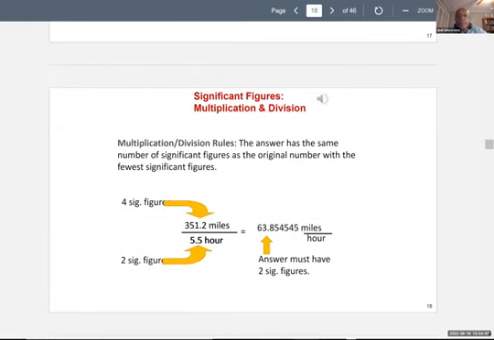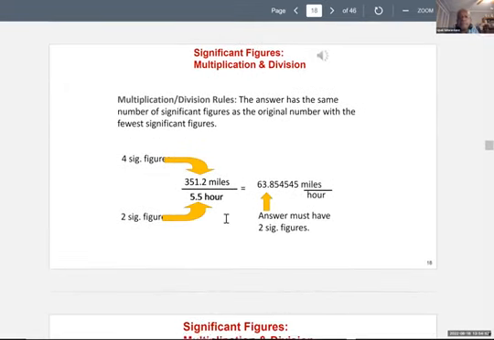Now, when you use two measurements in a calculation where it is divided, here, 351.2 divided by 5.5. Do you see that? The calculator answer you get is 63.854545. If you plug it in your calculator, you get the number.